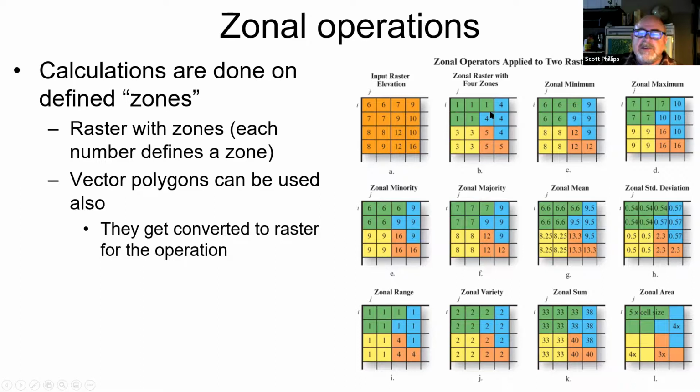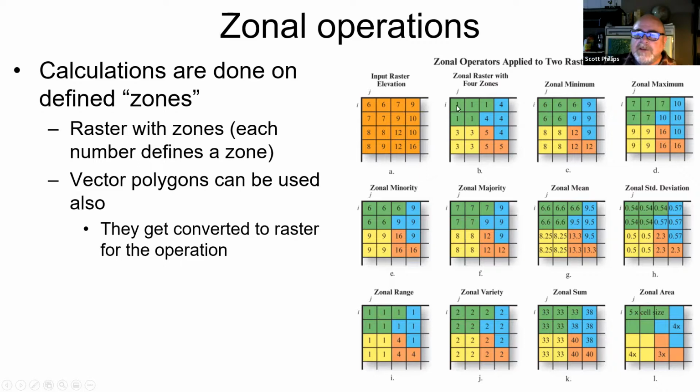Here we have 4 different zones. Each cell is coded as the zone number: zone 1, zone 4, zone 3, and zone 5. And then we have our input, which is our elevation.